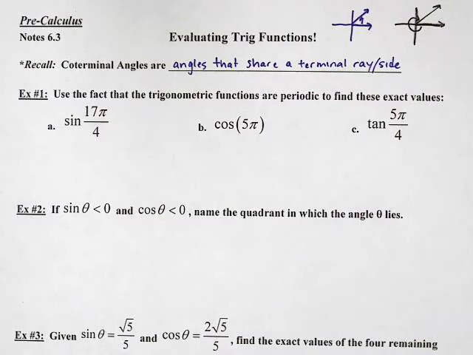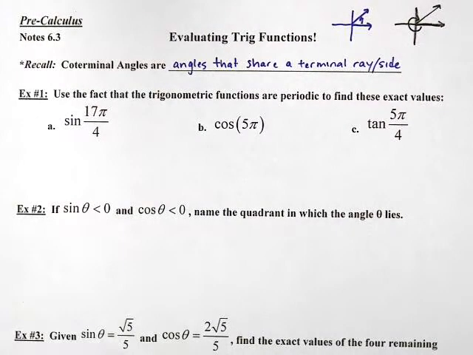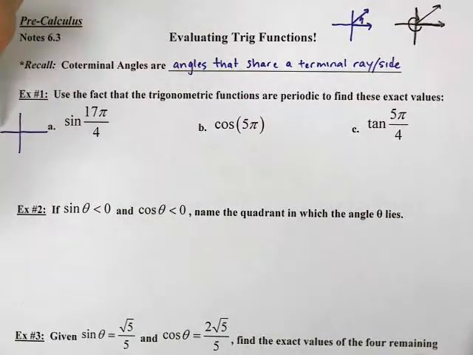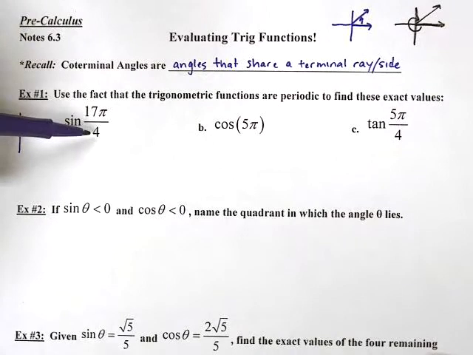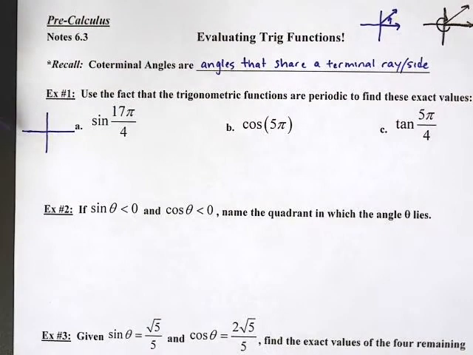Alright, so that idea is needed in example 1, at least for a couple of them. Guys, I did not teach you about 17 pi over 4 on the unit circle, but we did, and hopefully we remember this. If we're talking denominator of 4, we know all the way over here at 180 degrees is 4 pi over 4.